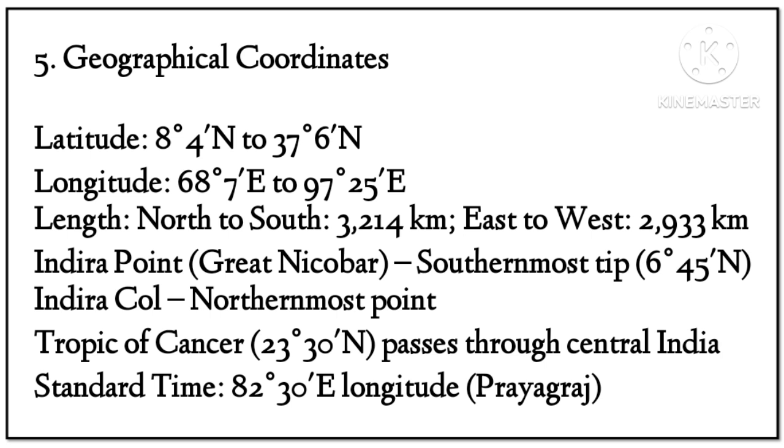Indira Point in Greater Nicobar, southernmost tip, 6 degrees 45 minutes north. Indira Col, northernmost point. Tropic of Cancer, 23 degrees 30 minutes north, passes through central India. Standard time 82 degrees 30 minutes east longitude, Prayagraj.